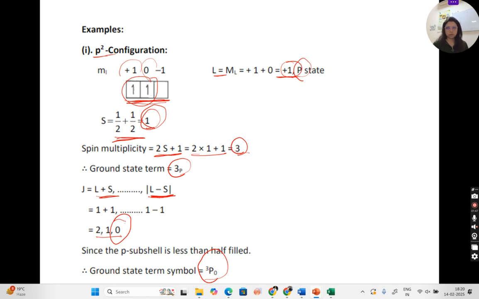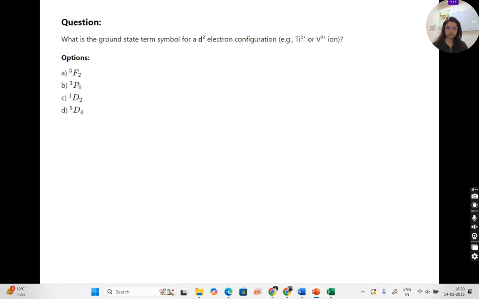So with this, the next question arrives. What is the ground state term symbol for a D2 electronic configuration, for example Ti2+ or V3+ ion?